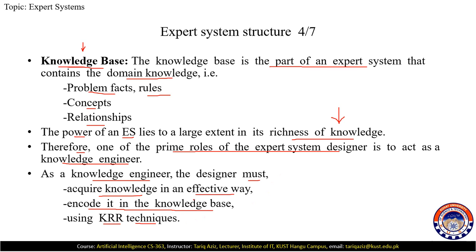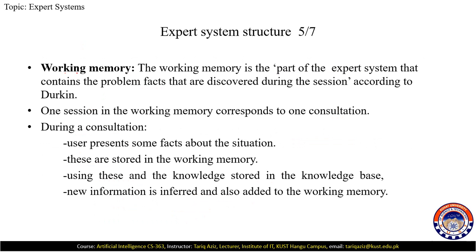Now, what is the working memory? Dear students, definitely the expert system will get some current facts from the environment. For example, if we want a diagnosis system, then this diagnosis system will ask some questions from the user. So the expert system is basically taking the current facts from the user, and then it will store these current facts in the memory which is known as the working memory.